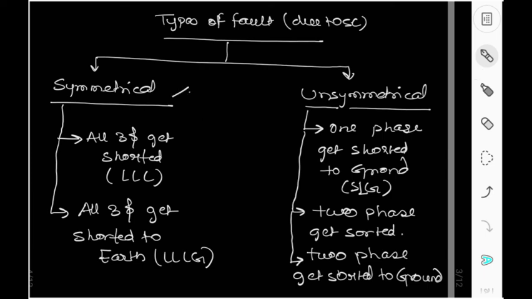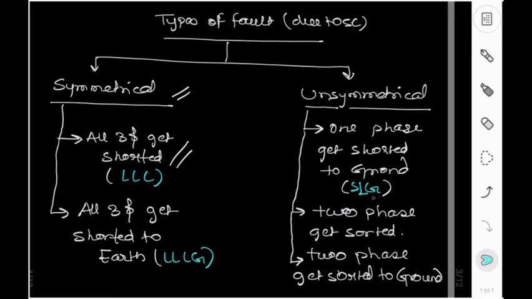In symmetrical fault, when all three phases get shorted, that is triple L fault. And when all three phases are shorted to earth, that is triple L to ground fault. These are the conditions of symmetrical fault where all three phases experience the same fault level. Under unsymmetrical fault, when a single phase gets shorted to ground, the other two phases will not experience the same fault condition.